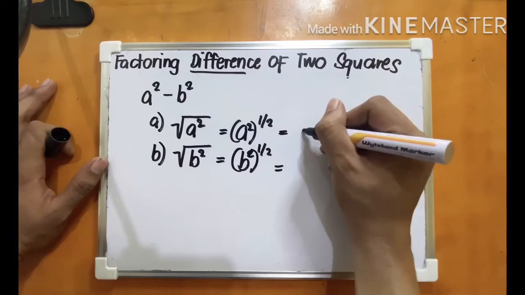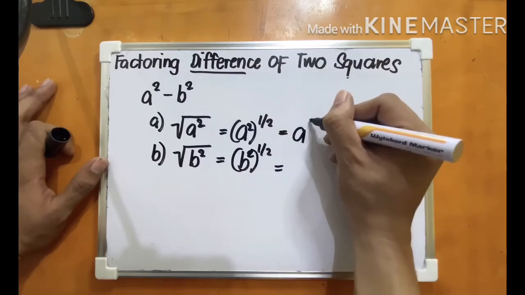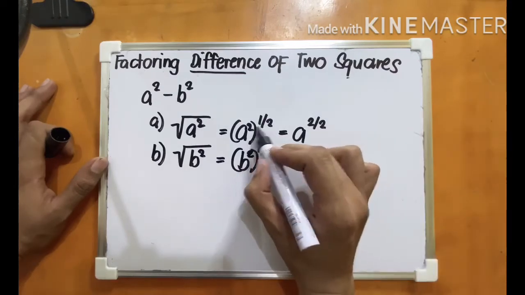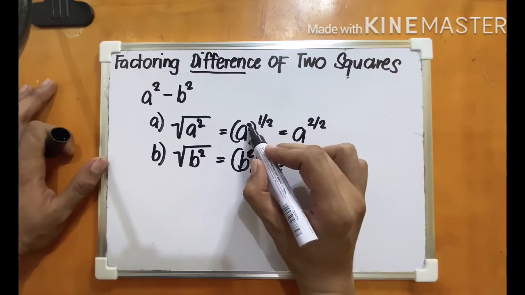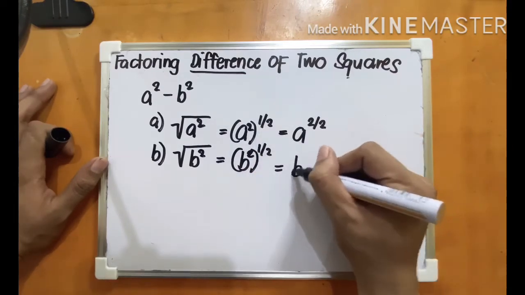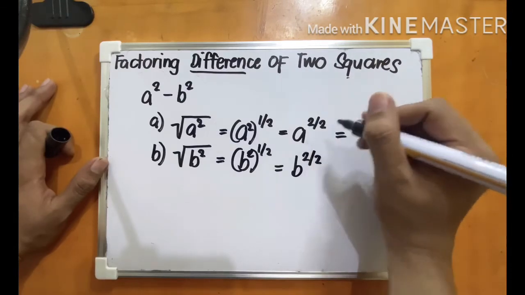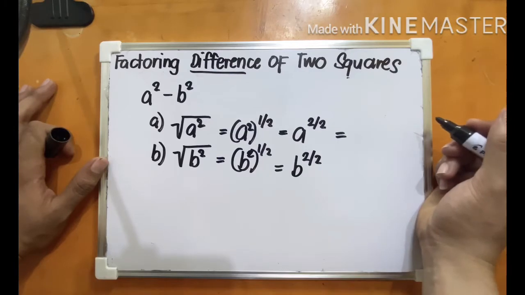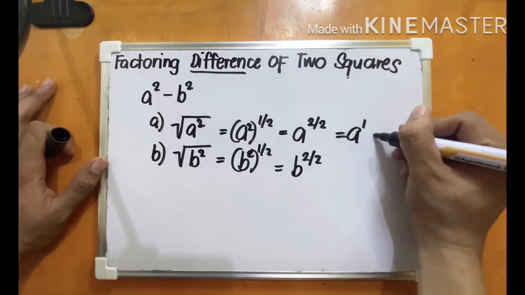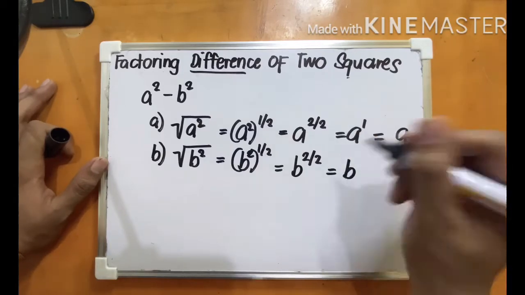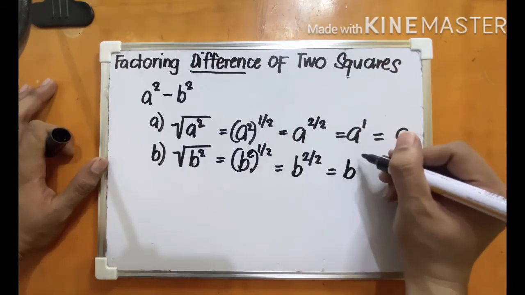So multiply the exponent: 2 times 1/2 is equal to 2/2, because 2 times 1. Don't multiply 2 to the denominator. 2 should be multiplied to 1 only. The same with the process below. So a raised to 2/2 is equal to a raised to 1, or shall we say a. The same also with b squared. B raised to 2/2, so 2/2 is 1.